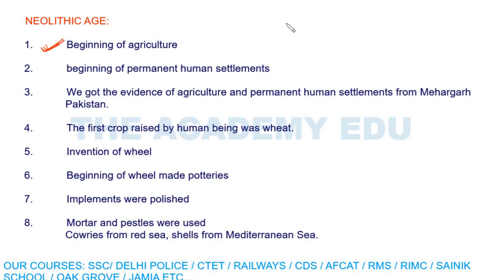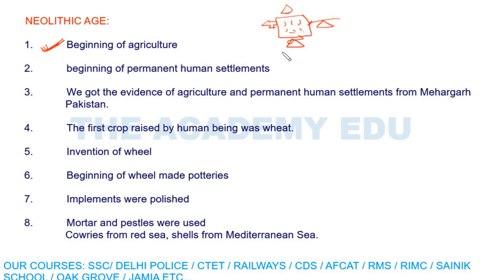If you are doing agriculture and sowing seeds here, you need to save it from browsing animals. So the nomadic people at that time started to move their hut here and live in this hut to save their field.